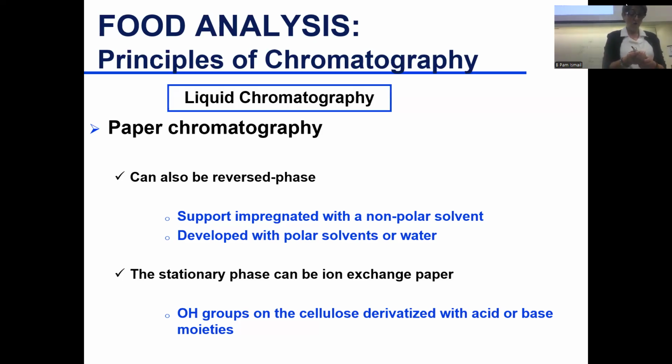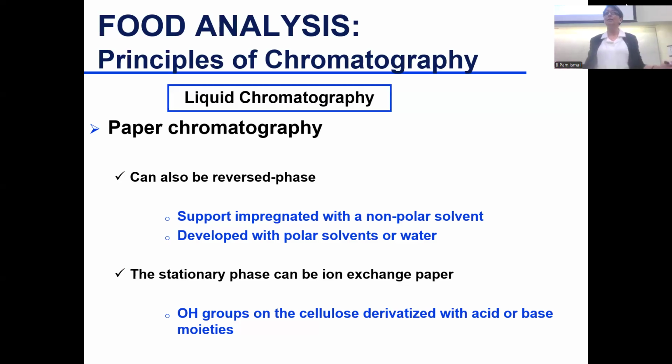Okay, so paper chromatography can be reversed, meaning you can impregnate the paper with nonpolar solvent. The stationary phase is made of cellulose, which is made of glucose units, and glucose units have OH groups in them. You can derivatize the OH groups to carry an acid or a base, meaning it can be negatively or positively charged.